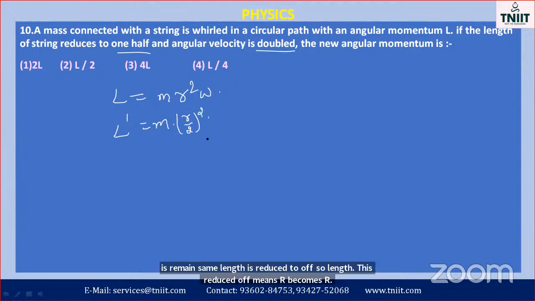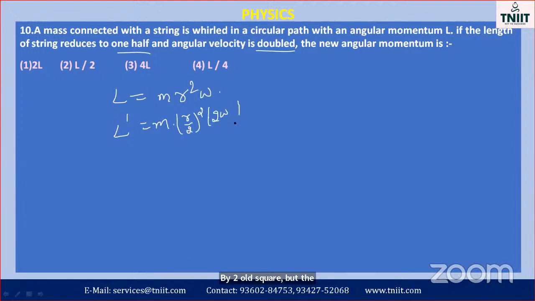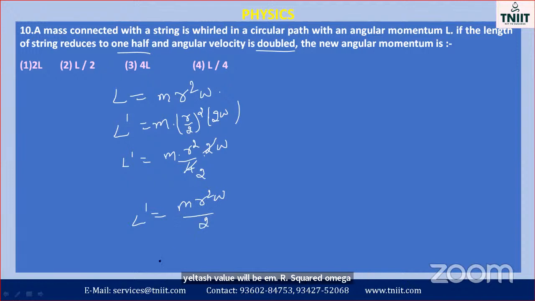But the angular velocity is doubled, so it becomes 2 omega. So L dash will be equal to m into r squared by 4 into 2 omega, which is m r squared omega by 2. Replacing m r squared omega with the initial value, L dash equals L by 2.